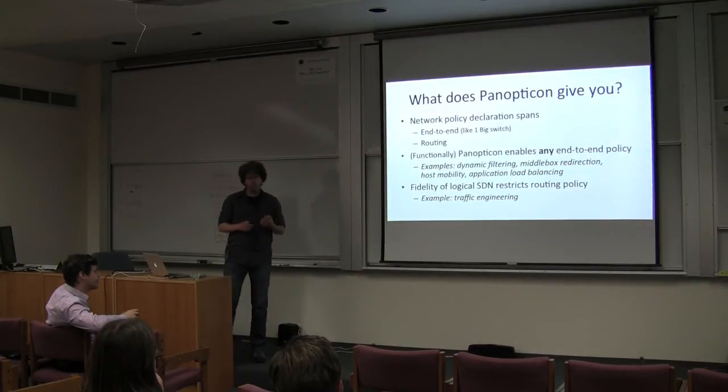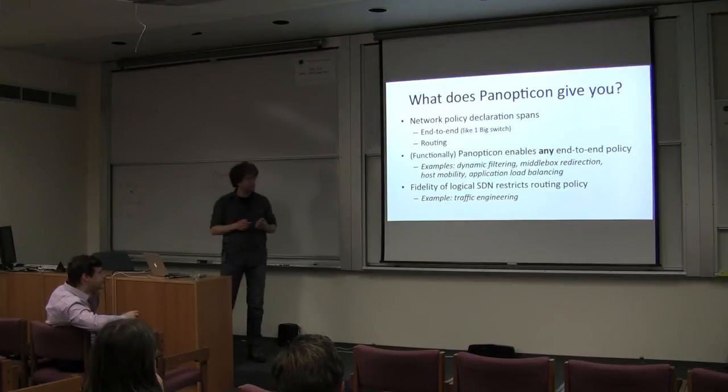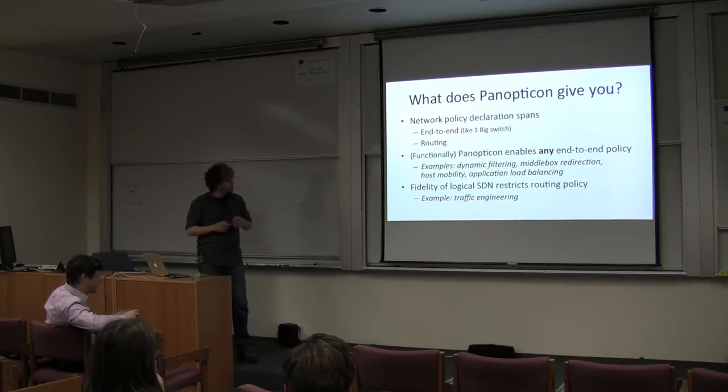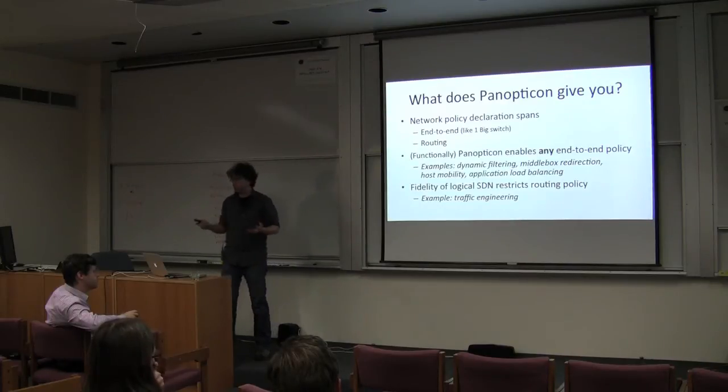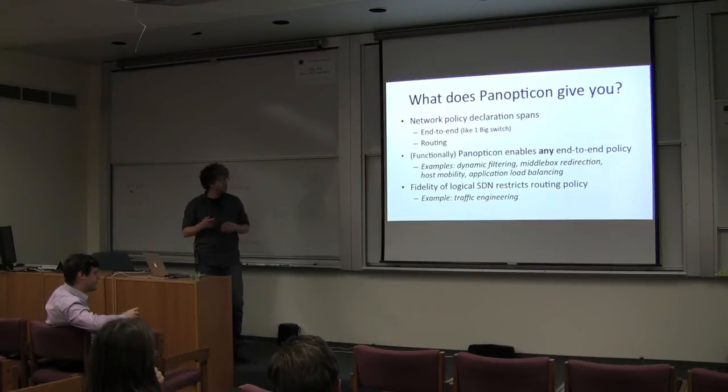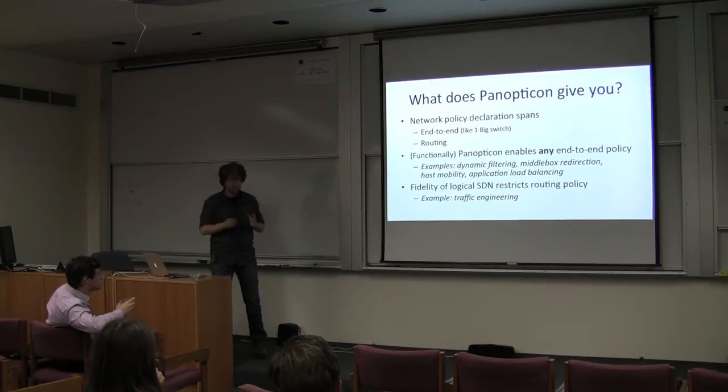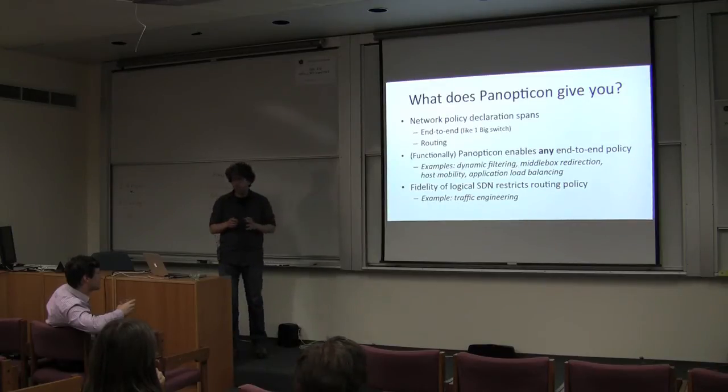So what control does Panopticon actually give you over the traffic in the network? We reasoned that there are two classes of policy declarations. The first type is what we would call end-to-end, the kind of policy that you could express if your network were just one huge switch, for example, dynamic filtering of traffic or middle box redirection. This type of control is the key benefit that we can show you get with Panopticon.